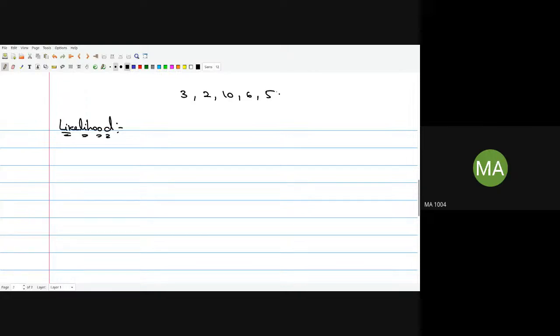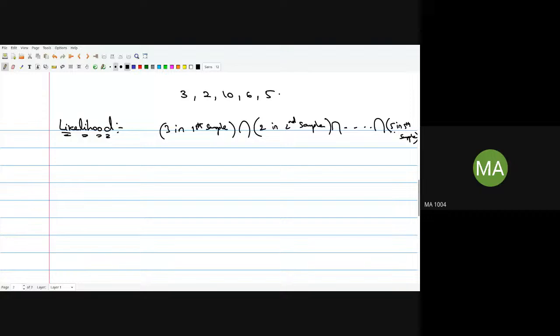So this is like multiplying events happening simultaneously. I need to have 3 in the first sample, and I need to have 2 in the second sample. So it's like an intersection event. I need 3 in the first draw, along with 2 in the second, and so on, up to 5 in the fifth sample.